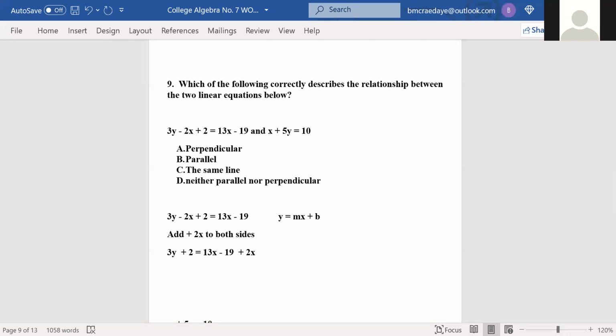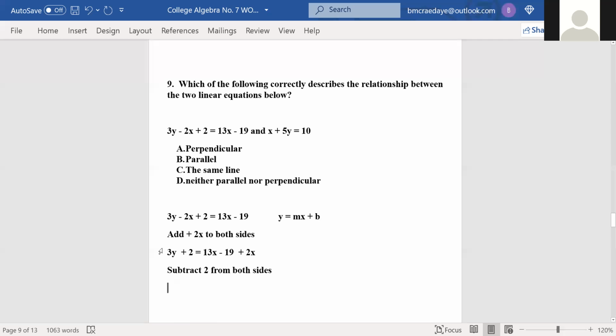Remember, I want 3y isolated by itself on the left. So what do I do with the plus 2? You're gonna subtract 2. That's right. Excellent. Subtract 2 from both sides. And if I do that, I'll have what?